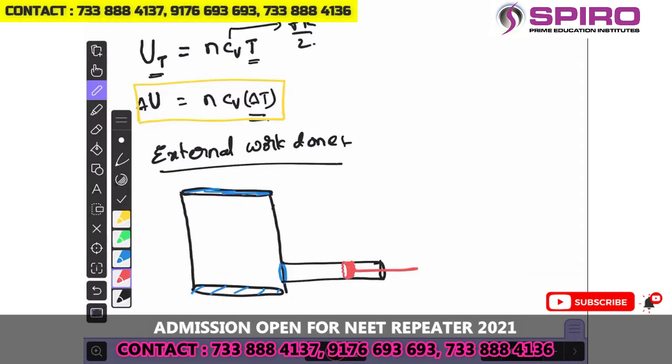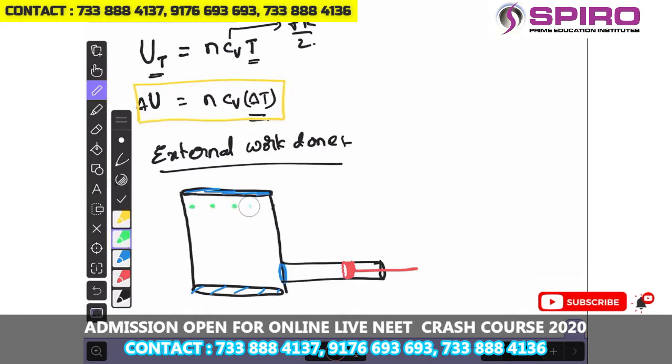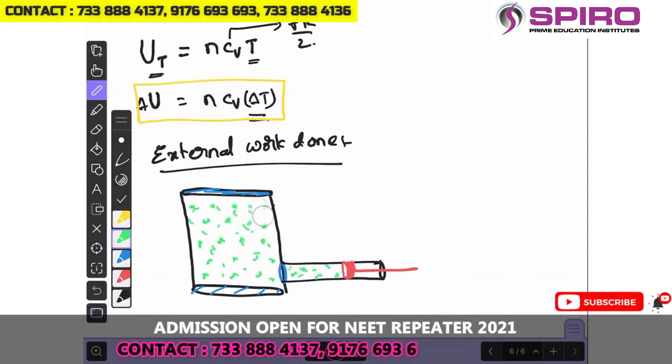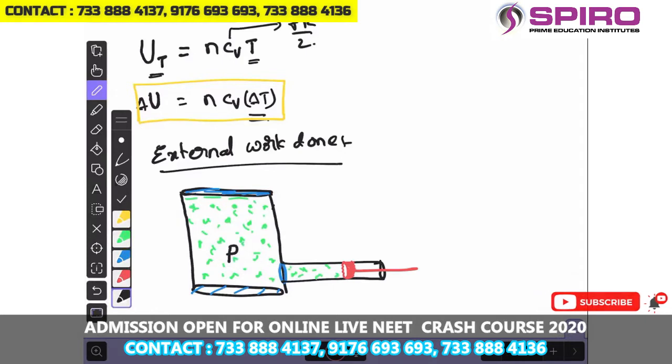The gas molecules are like this, and the gas molecules are taken in the cylinder, and all these gas molecules are possessing the internal energy anyway, and the internal pressure at any instant is, say, P is the pressure. The P is constant throughout at every point. Here also the pressure will be P.